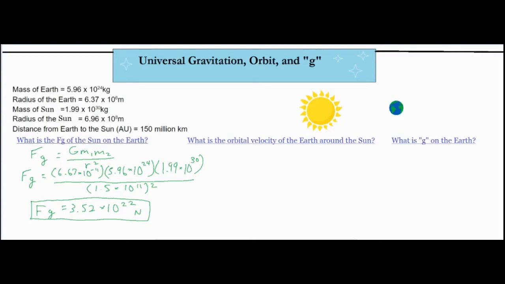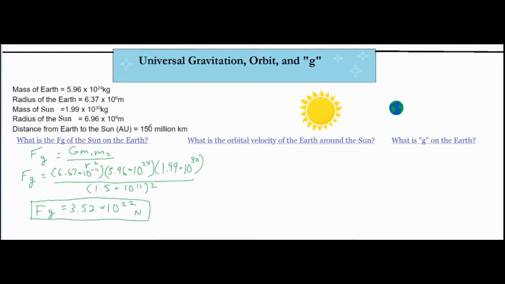A lot of times you might see the distance displayed as something like this, 150 million kilometers. And you can see right here, I wrote down 1.5 times 10 to the 11th. I wanted to make sure that my units were in meters because those are the standard units for any type of radius or distance.